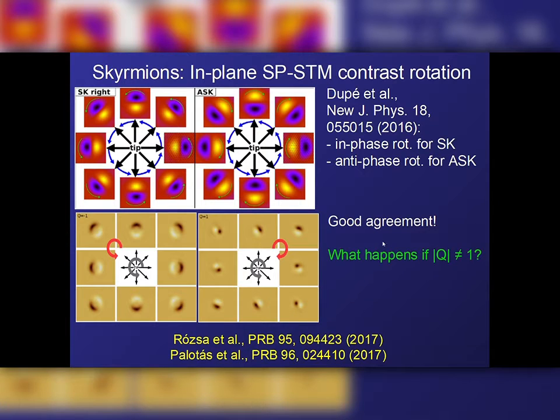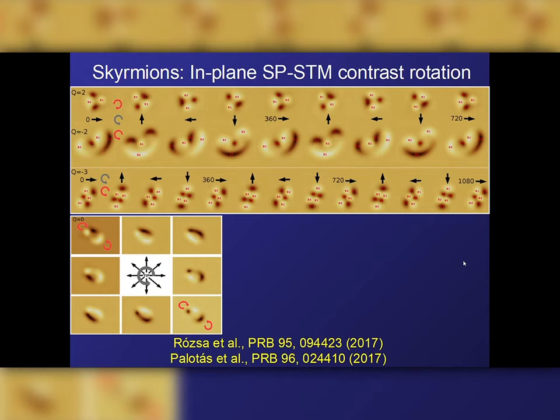But we can also check what happens if this topological charge absolute value is not equal to 1. Therefore we check this sequence of images here for Q equal 2 and minus 2 and Q equal minus 3.